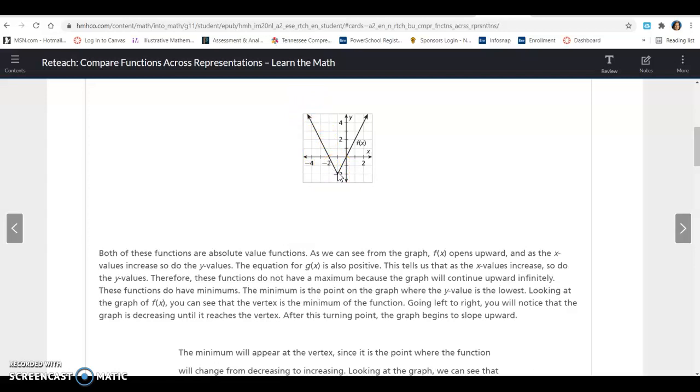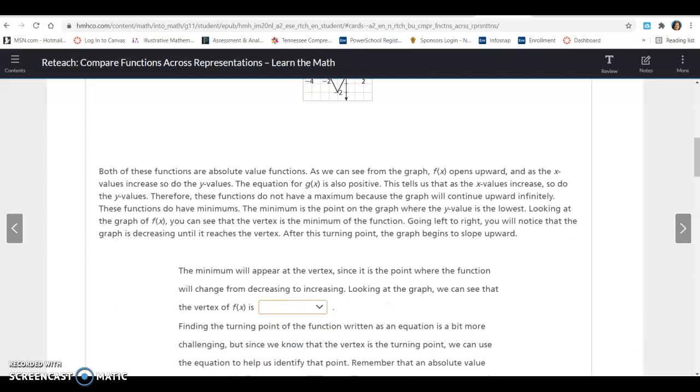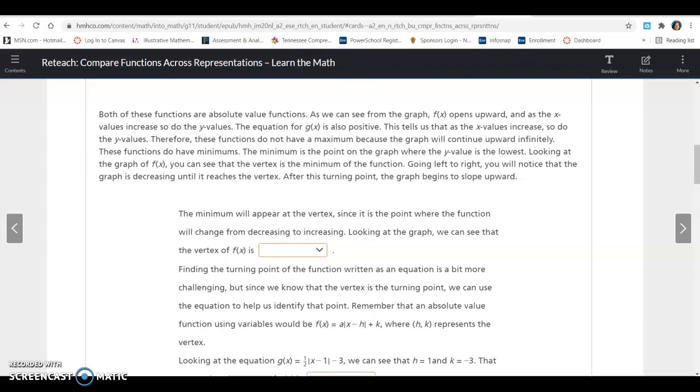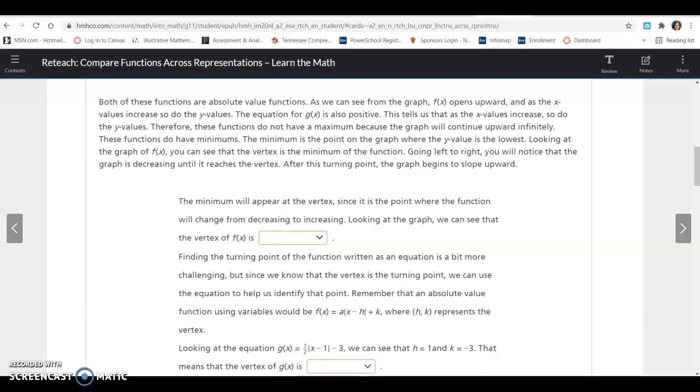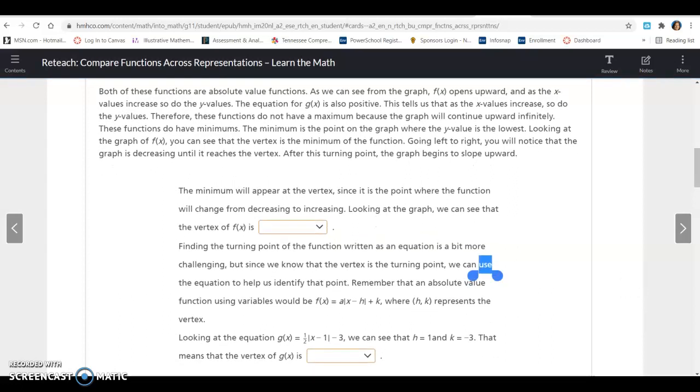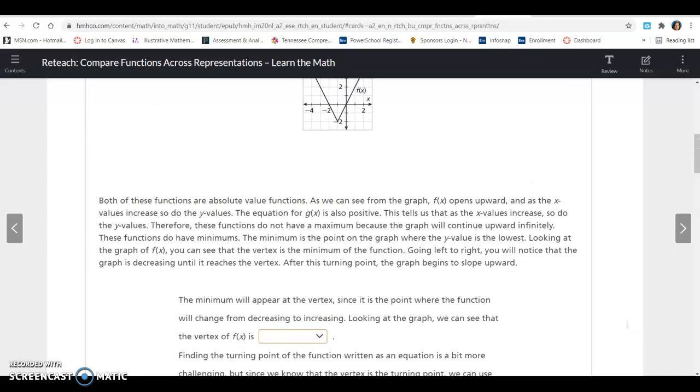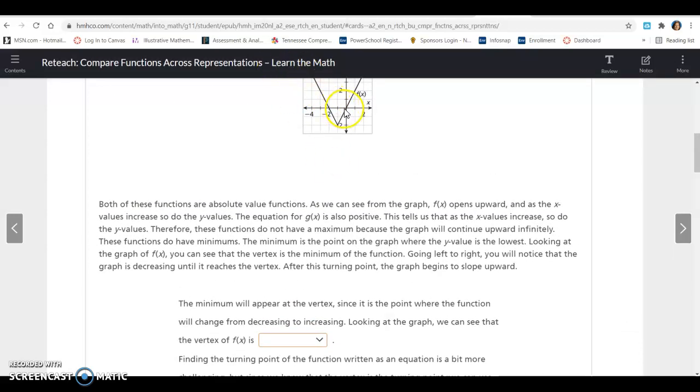After this point, the graph begins to slope upward. The minimum will appear at the vertex since it is a point where the function will change from decreasing to increasing. Look at the graph. We can see that the vertex of f of x is (-1, -2).